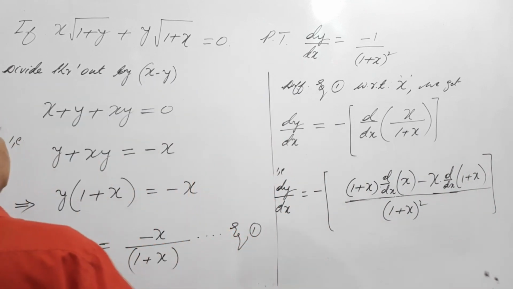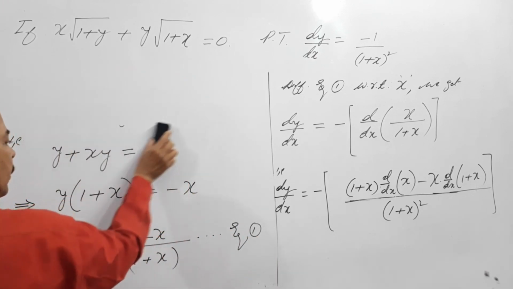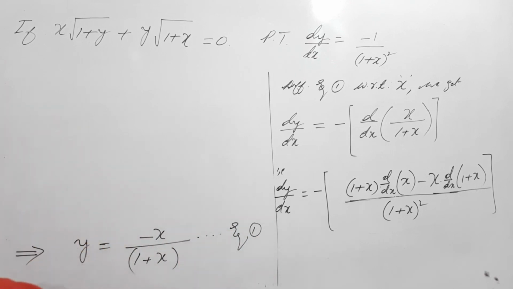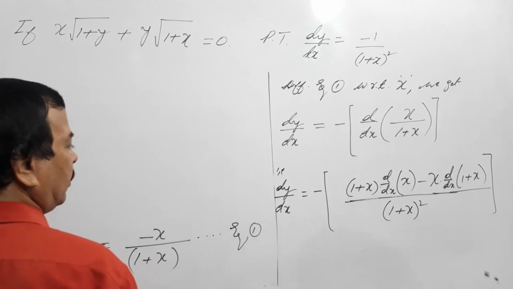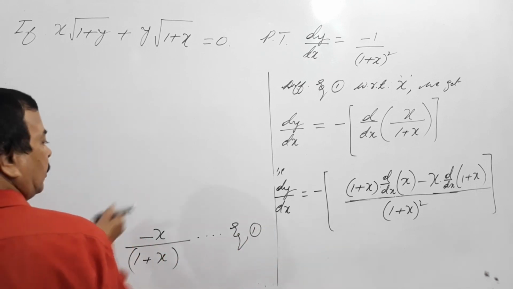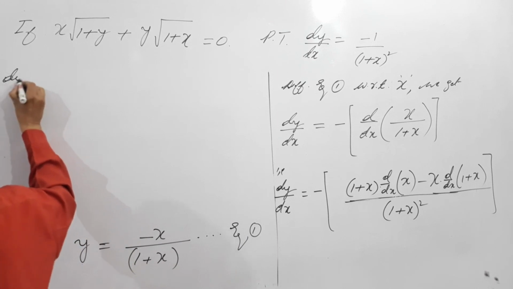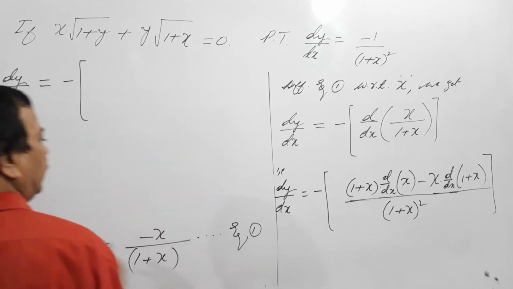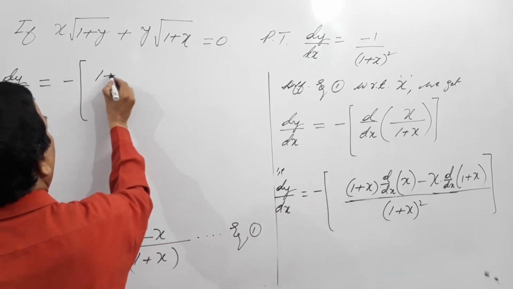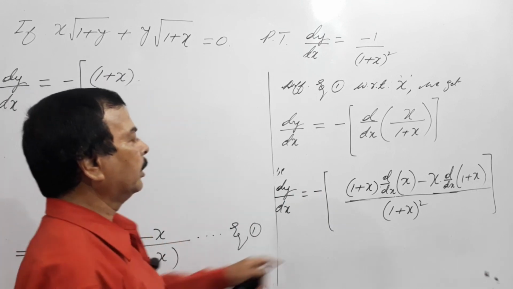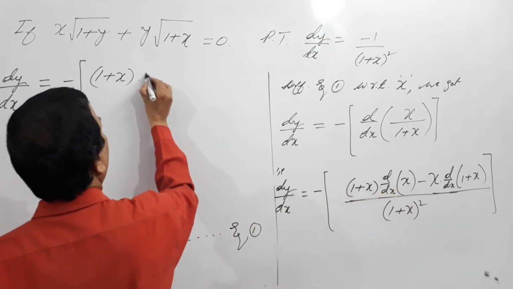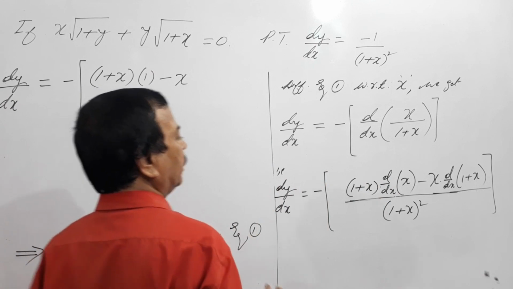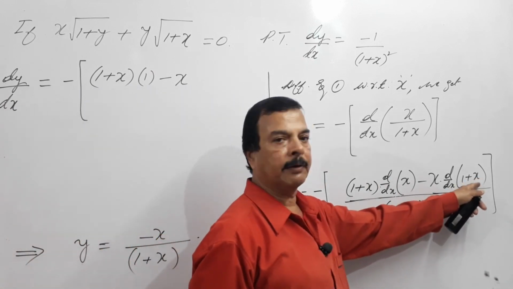So I do it here. So dy by dx equals to minus sign, I take it outside. So 1 plus x into d by dx of x is 1, minus sign is a minus sign, minus x into d by dx of 1 plus x, d by dx of 1 is 0 and d by dx of x is 1.